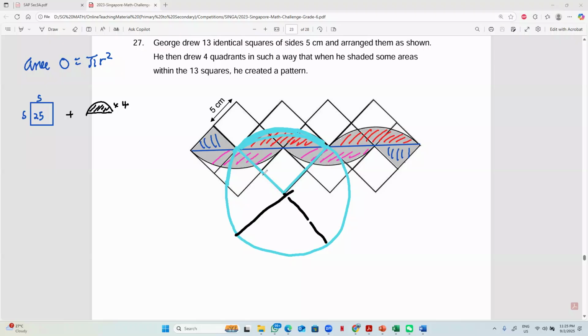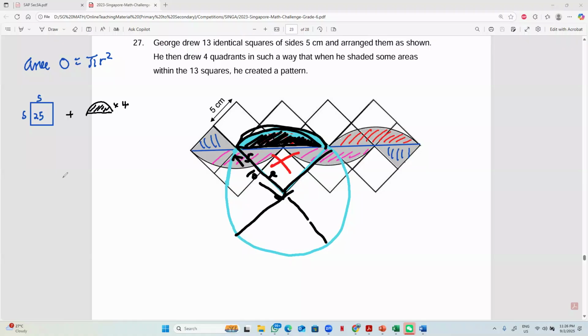And we realize our radius is 5 cm and 5 cm, so we have 10 here. So our radius is 10 cm. In order to find the shaded part that I want, I have to get a quadrant of my circle and minus this triangle.